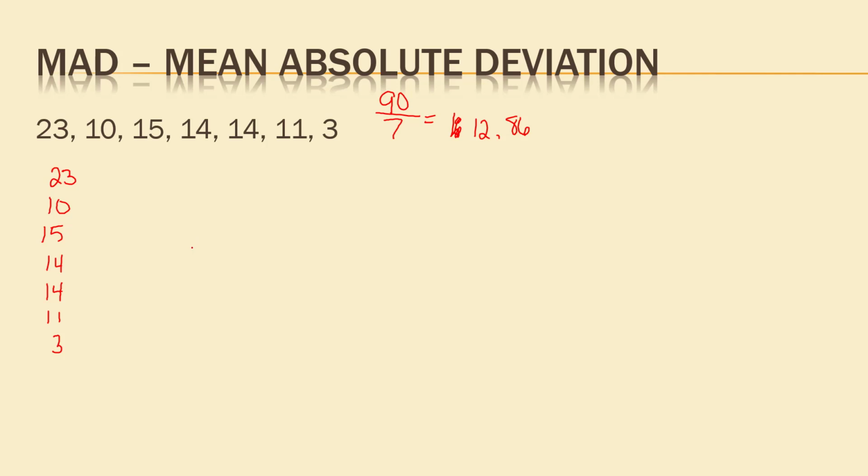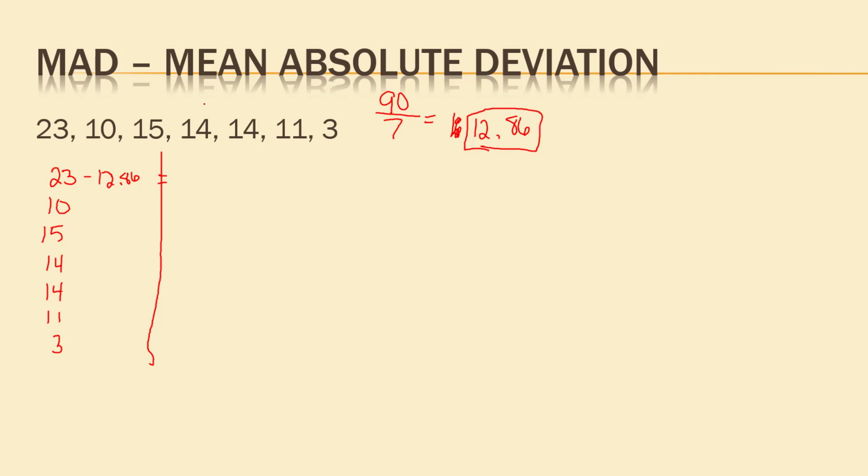And the reason why you're going to write them vertically is because you are going to subtract the mean from each one of these terms. So minus 12.86. And if you do it in chart form like this so that you know you're subtracting 12.86 from each one of these values, I can just put a line here now and go ahead and give my equals.